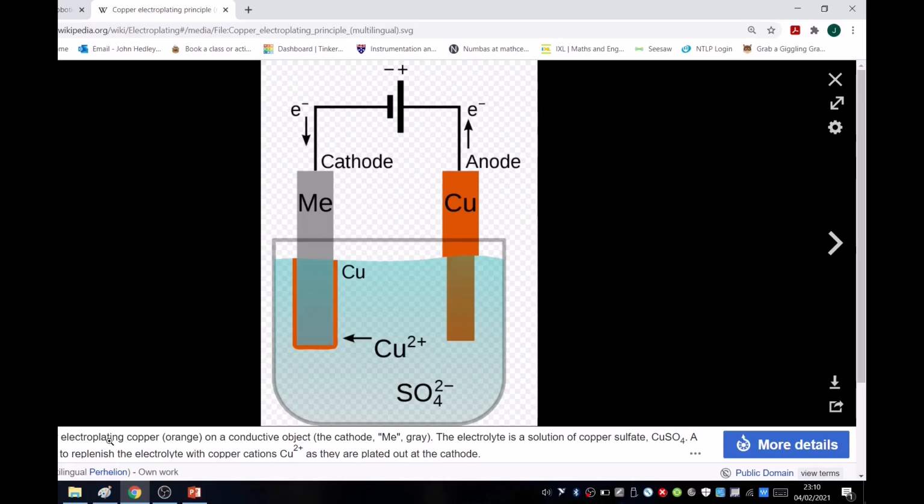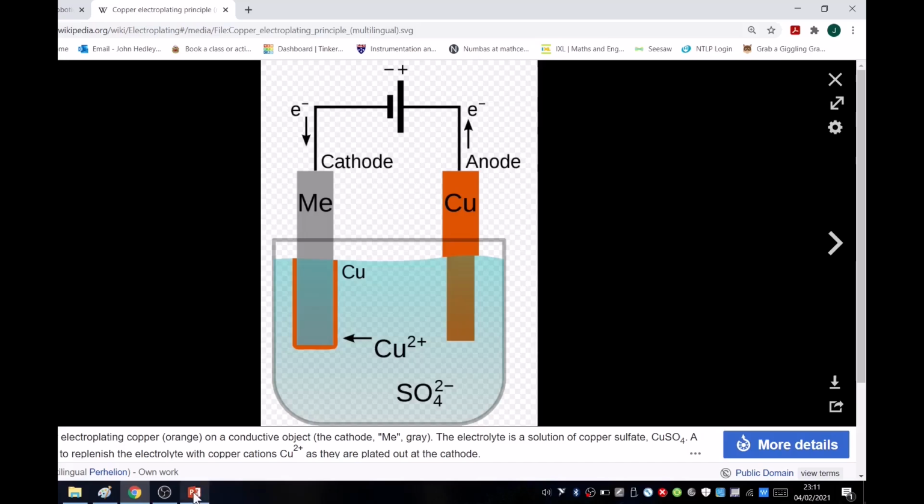And what you're getting in electroplating is this copper dissolving, the copper ions going across here and then reacting with these electrons to then copper plate this electrode. So the copper plating is occurring at the cathode side because the copper ions are reacting with these electrons. So this is electroplating, and you see a battery is used to produce this effect.